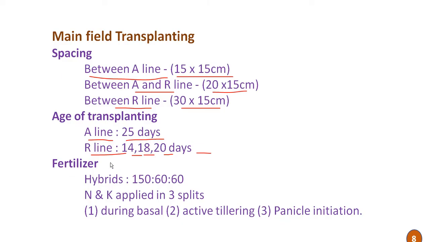And the fertilizer and manures for hybrids: 150, 60, 60 NPK kg per hectare are required for hybrid seed production, and N and K are given in 3 splits, that is first as basal, second at active tillering, and third during panicle initiation.